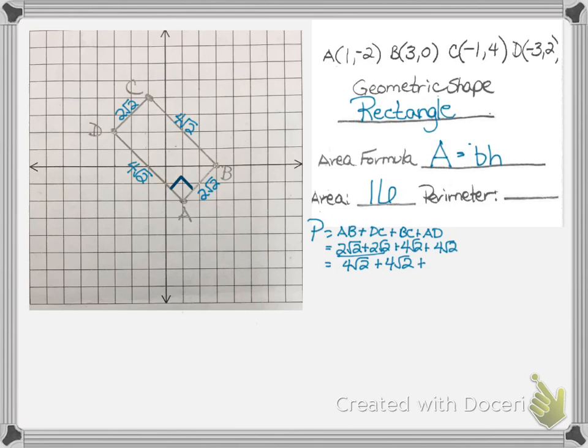And then I'm just bringing the rest down. Then 4 square root of 2 plus 4 square root of 2 is 8 square root of 2. And then we add these together, so how many square root of 2's do we have? We have 12. Okay. So my perimeter is 12 square root 2.